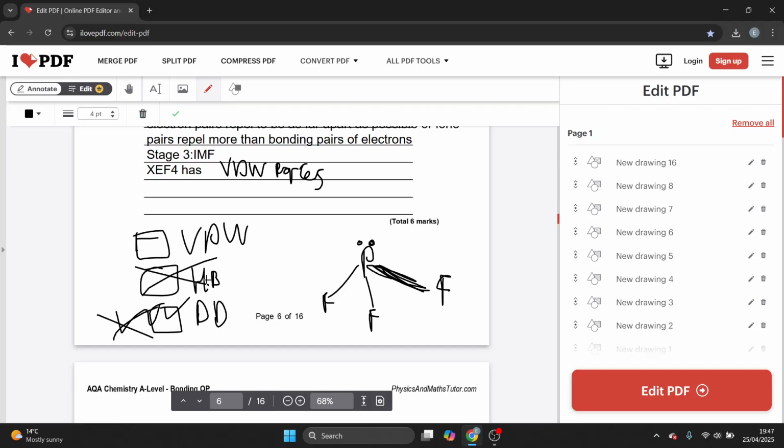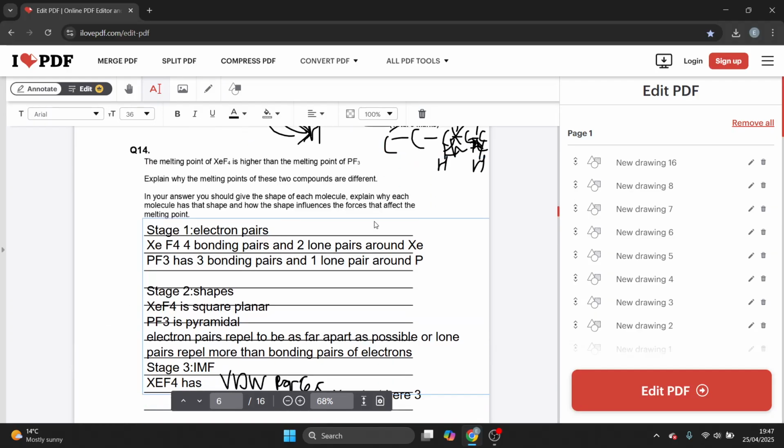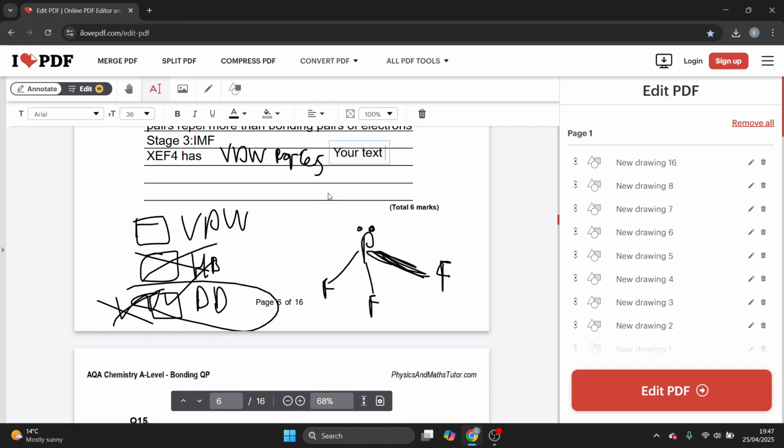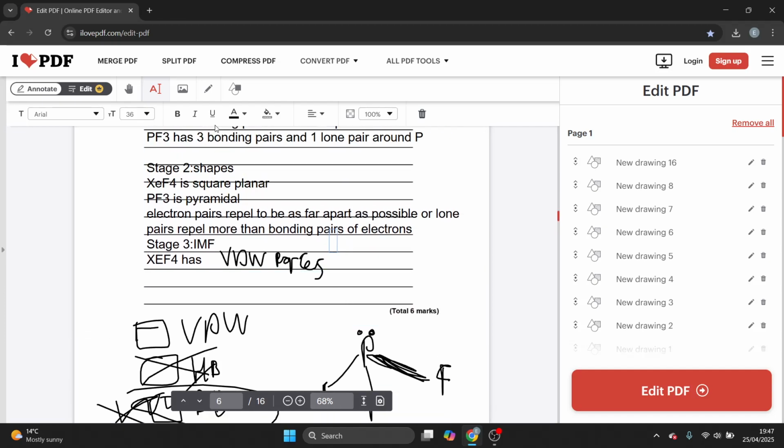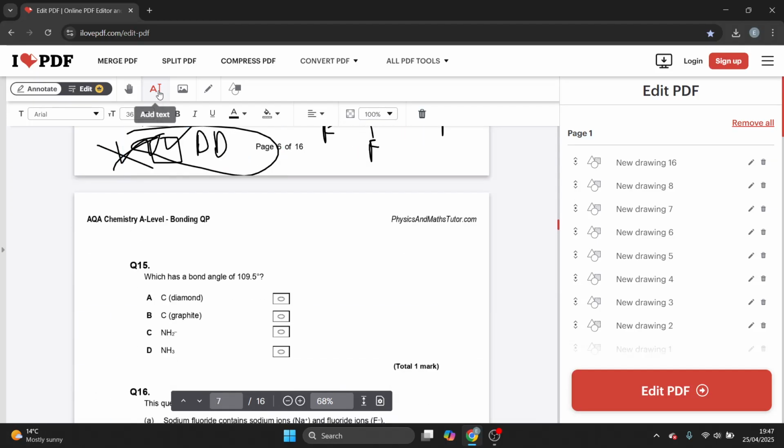So I'm going to talk about that. It's got dipole. It does also have van der Waals, but the idea that it has a dipole is going to cause the increase in melting point, I'm going to assume. So I'm going to say PF3 has dipole forces and van der Waals, but that's not really relevant.